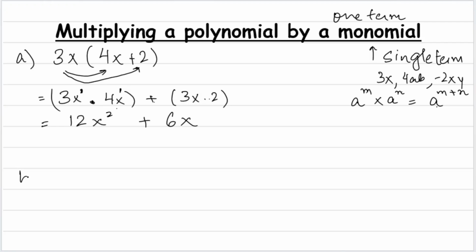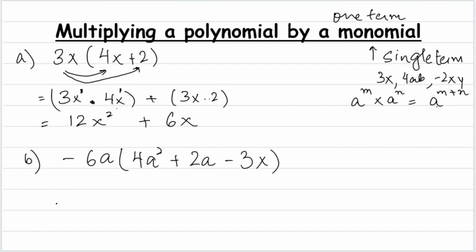B part, minus 6a. Let me write it a little over here to have more space. Minus 6a, and in the bracket it's 4a square plus 2a minus 3x.